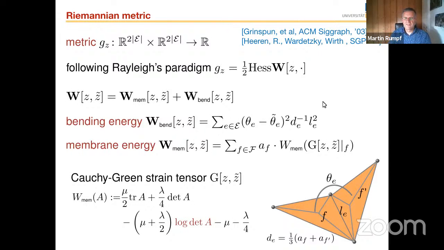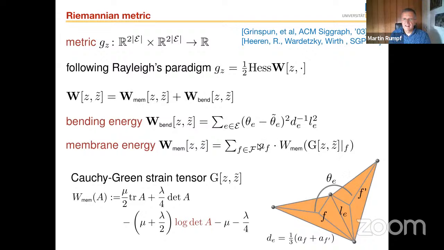And the membrane distortion, if you know a little bit about elasticity theory, then elastic energies usually depend on the Cauchy-Green strain tensor. That is what we have in this discrete context as well here. This is up to infinitesimal rotations, measuring really the in-plane deformation.